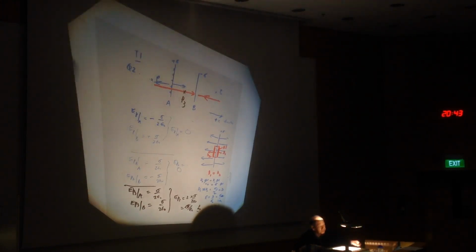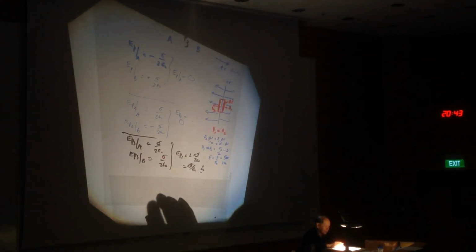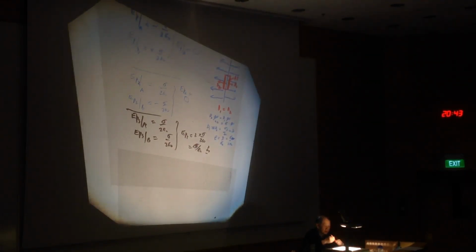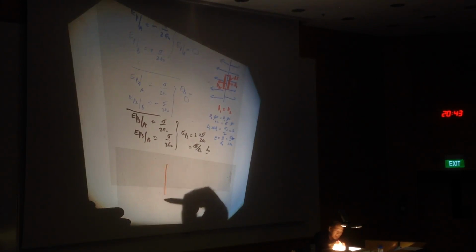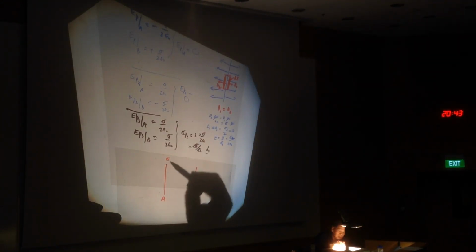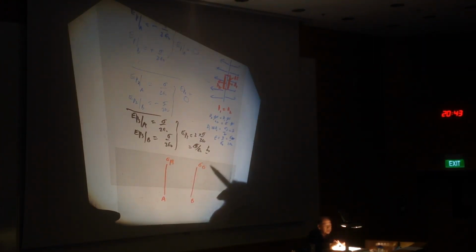Okay? This is A, this is B, same. So I shall assume they're all positive. I shall assume it's positive. So I call it sigma A positive, sigma B positive.